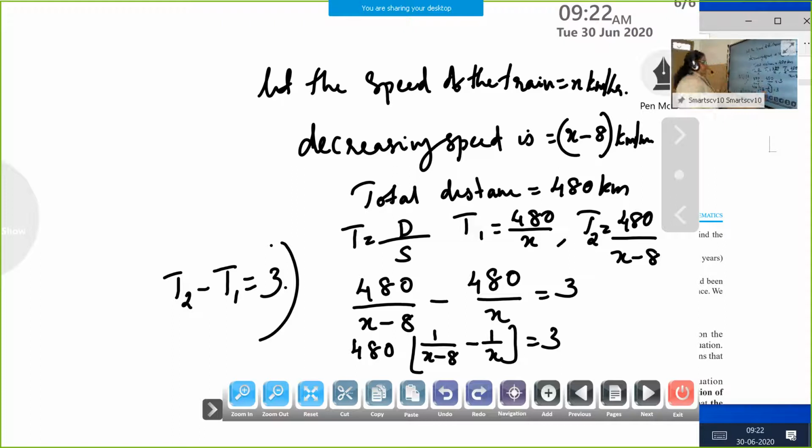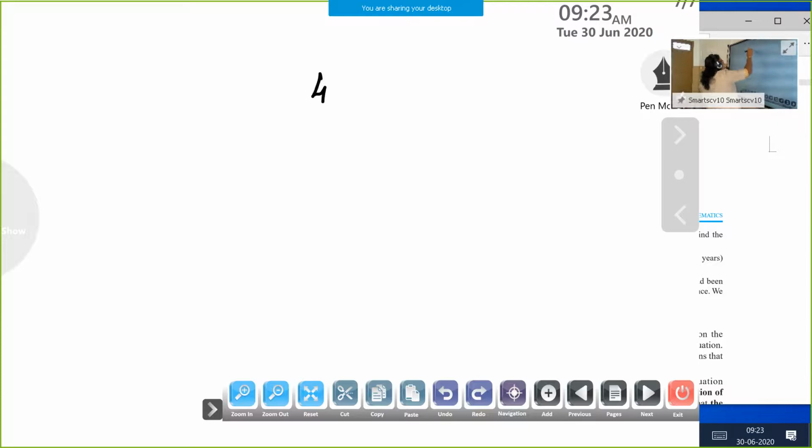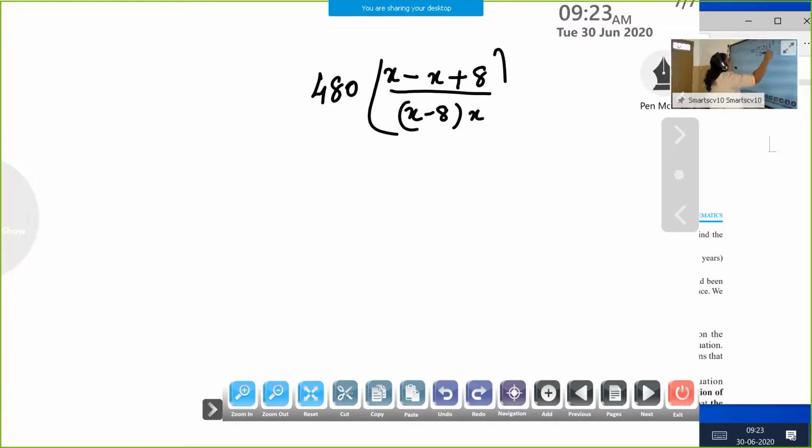Taking the LCM, x minus 8 into x, the numerator is x minus of x minus 8, that is x minus x plus 8.